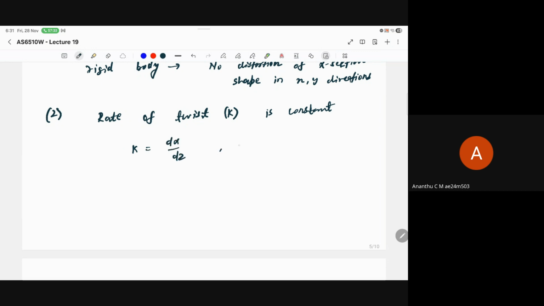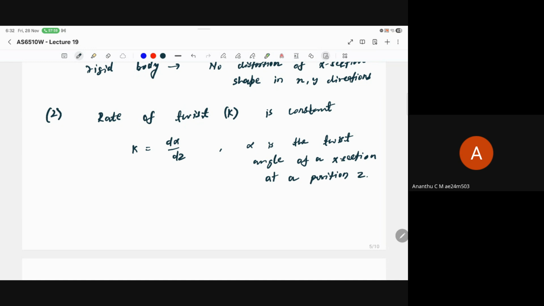Where alpha is your twist angle of a cross section at position z.